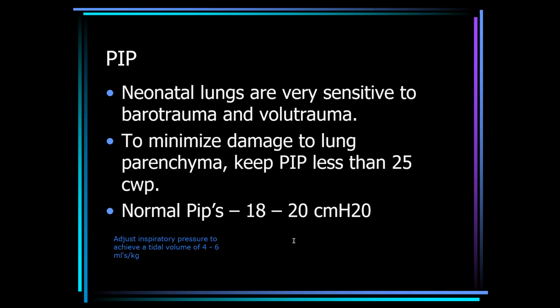So if a baby weighs 1 kilogram, they're 2.2 pounds, they're born at, I don't know, 26 weeks, really premature. They're on the ventilator and you're looking at their exhale tidal volume. What would you expect for that size? 1 kilogram. What would their tidal volume be? 20 mL. Would it be 20 mLs? What is it, 4 to 6? Yeah, so 4 mLs would be the tidal volume, 6 mLs would be the tidal volume.